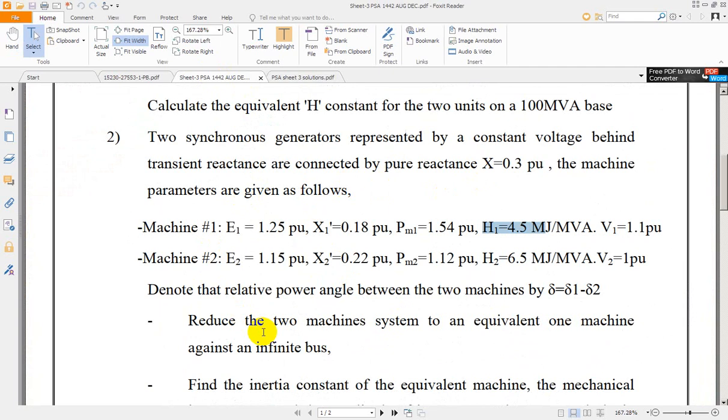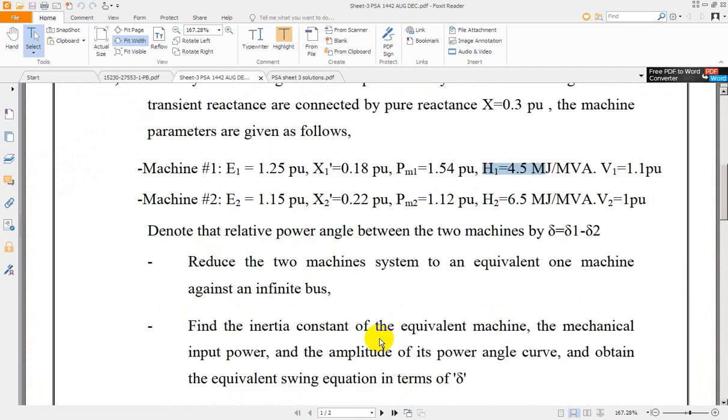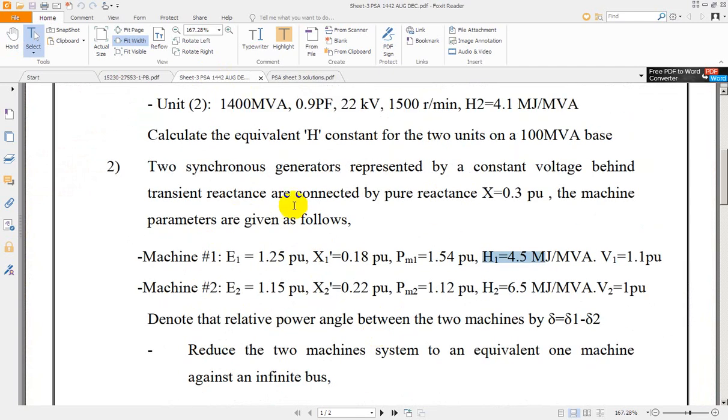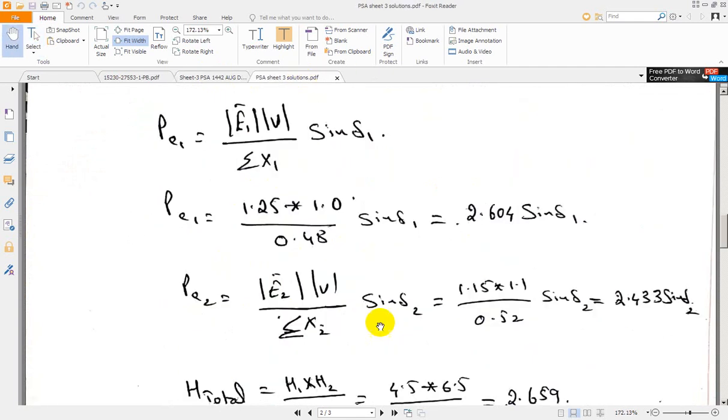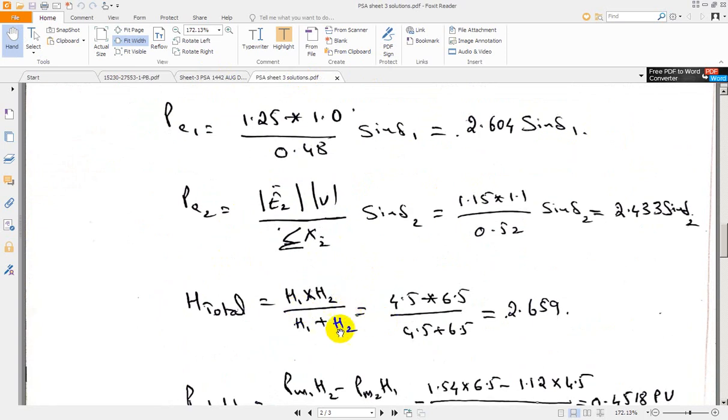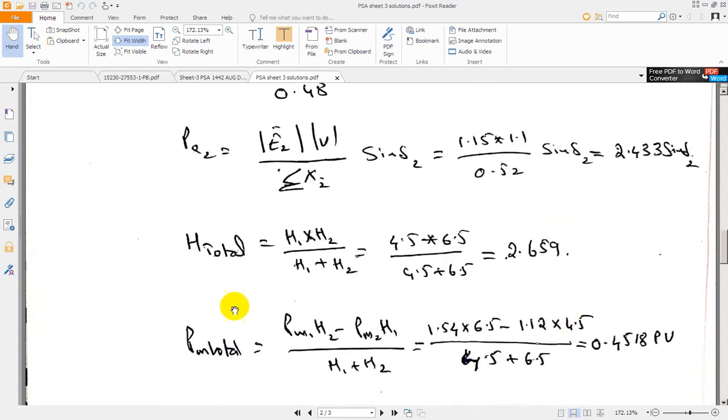Machine parameters, two machines to an equivalent bus system. For this system, H will be given as H1 into H2 divided by H1 plus H2. So we write H1 value 4.5, H2 6.5, total H1 plus H2, 2.659. PM total will be PM, the input power already given in the question.